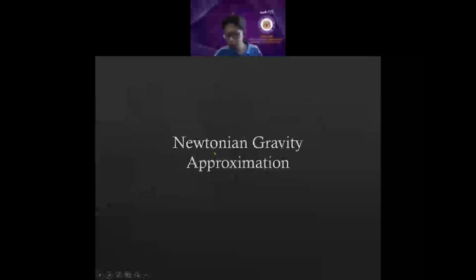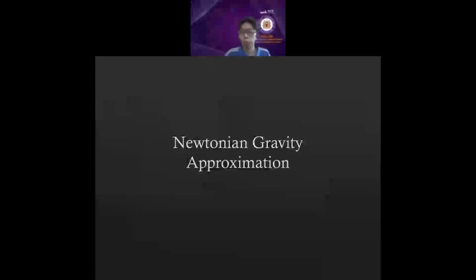The next thing. This is not part of the original outline, but I thought that maybe I should talk about this part a little bit. We've been talking about how the idea of GR is to incorporate gravity as a curved spacetime.